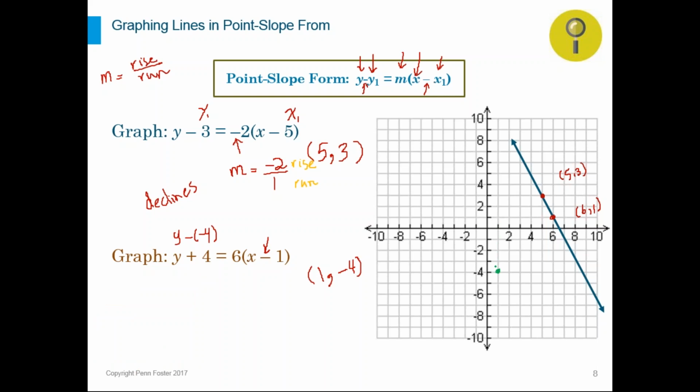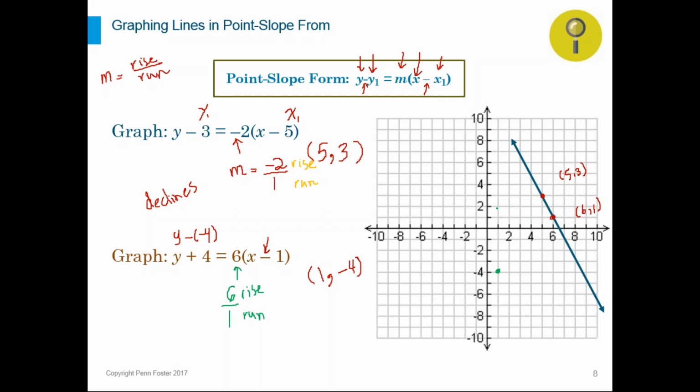Of course, we need a second point, and we are given a slope, and that slope is actually 6/1. This is the rise, and this is the run. Now, we're going to start from this point, and it's a positive 6, so we go vertically up 6 units, 1, 2, 3, 4, 5, 6.